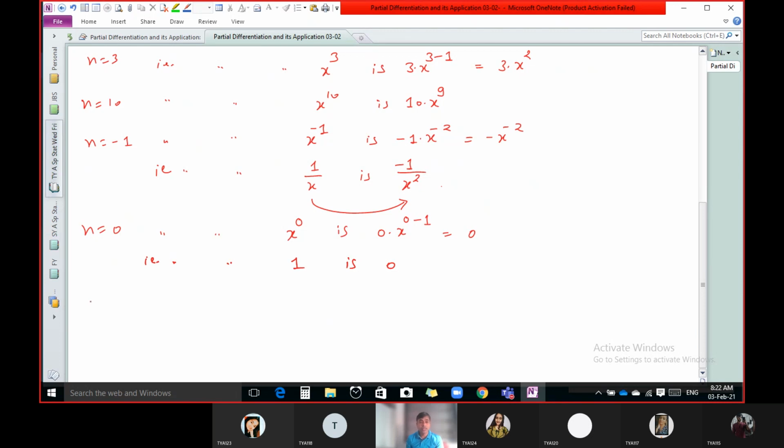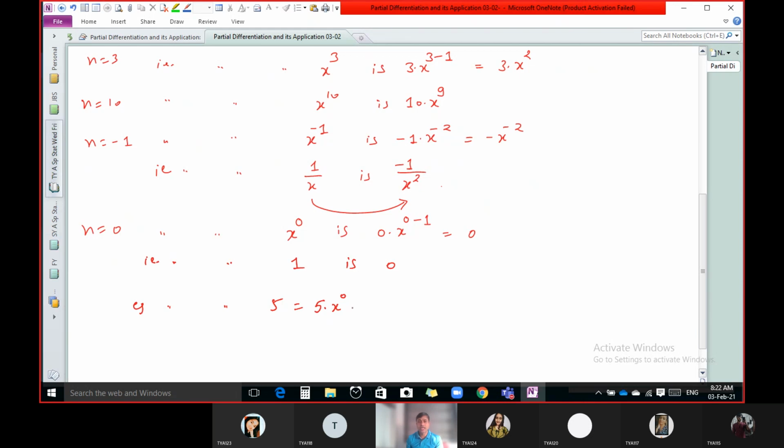Now if there is a question, what is derivative of 5? You can write 5 equal to 5 into x raised to 0. But x raised to 0 is nothing but 1.